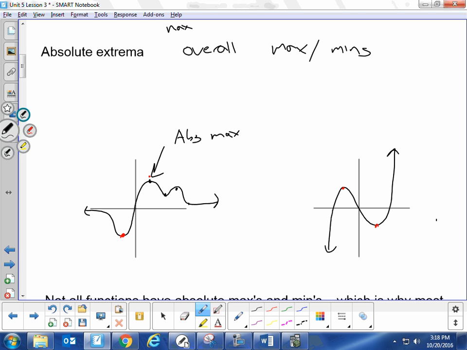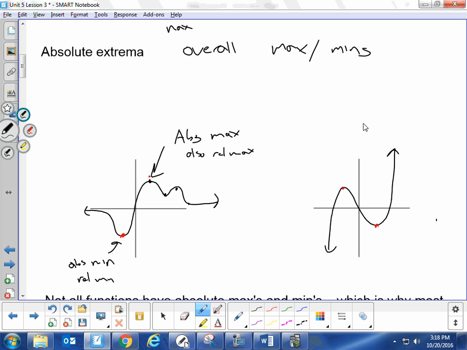It is also the location of a relative max. Here, we have an absolute min, which is also the location of a relative min. Okay? So the biggest function value and the smallest function value.